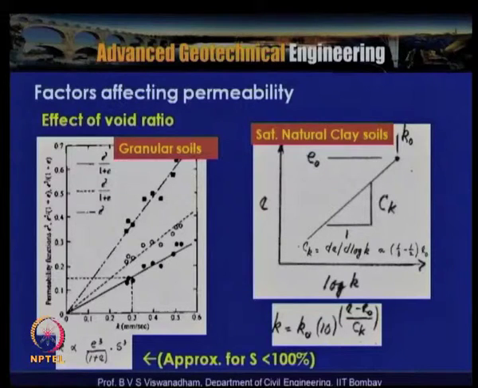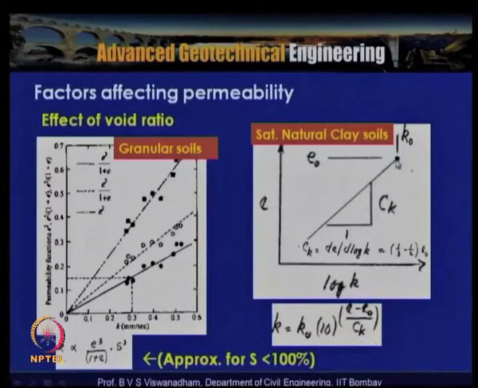On the right hand side there is a plot showing void ratio on the y axis and logarithm of K on the x axis. This is for saturated natural clay soils. The factor Ck is the permeability change factor, and K naught is the permeability at the initial void ratio e naught.